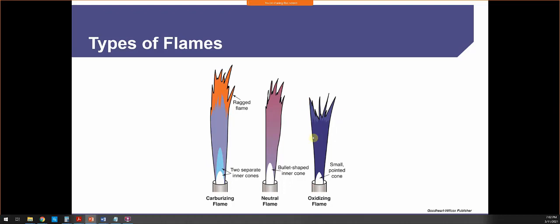If I have this bright blue flame, I may have just an oxidizing flame, which I don't want. And same, I don't want this carburizing flame where I have this orange tip going on. So we want this nice neutral type of bullet-shaped inner cone.